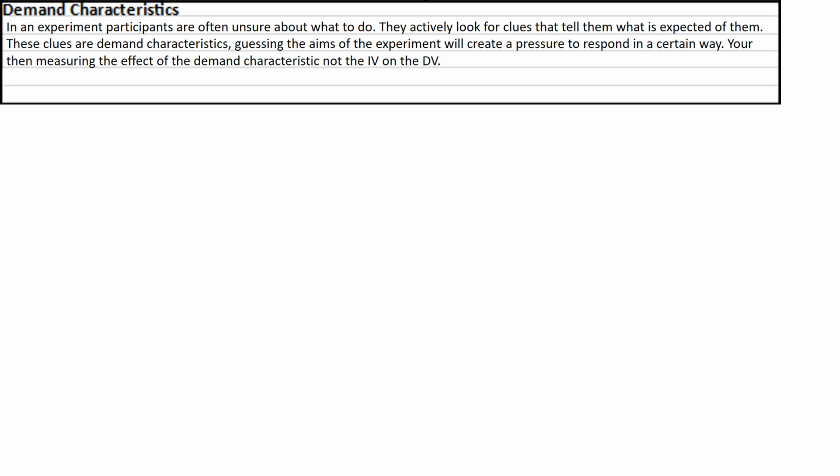So if demand characteristics come into play, then you're actually measuring the effect of the demand characteristic. You're not measuring the effect of whatever independent variable you've set up on the dependent variable.